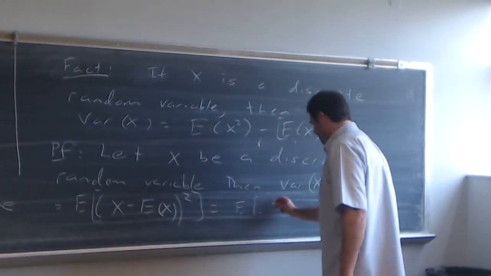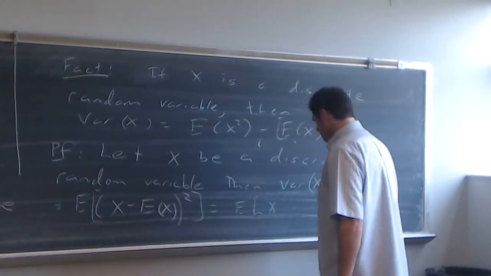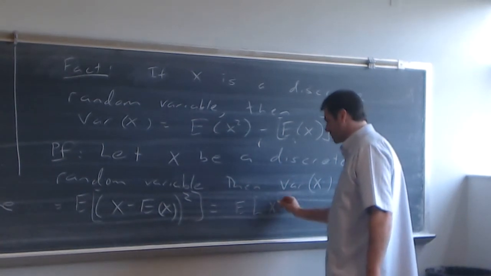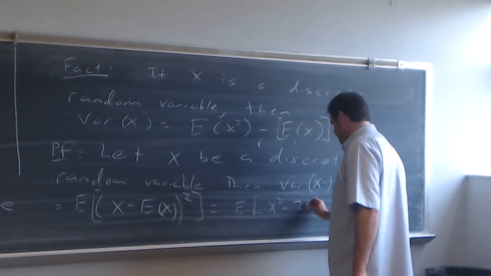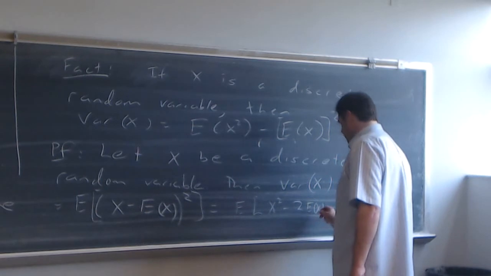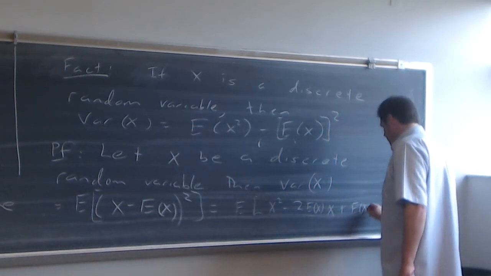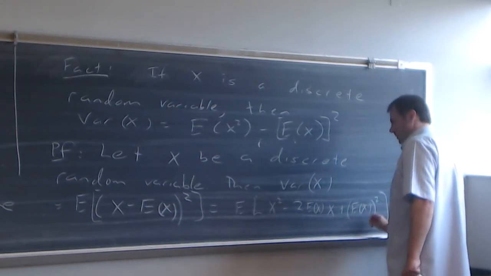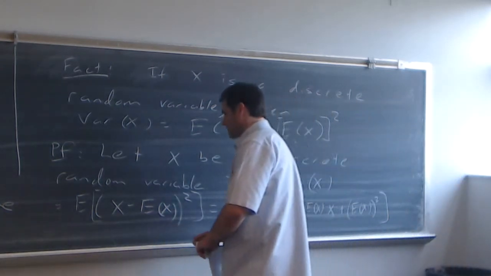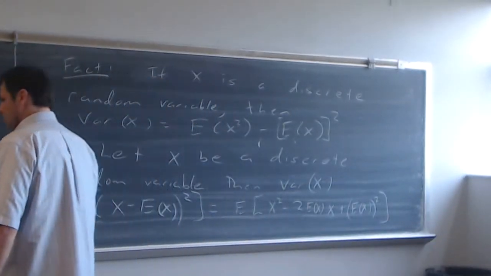If I multiply this out, that's the expected value of X squared minus 2 times the expected value of X times X plus the expected value of X, squared. Now remember, X in this case is a discrete random variable.